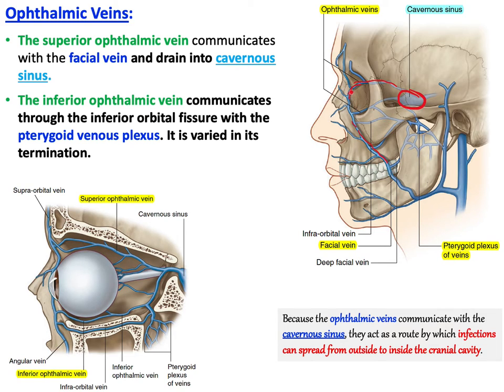That means they are a source of carrying infection from the face or an area there to the cavernous sinus and the cranial cavity, right? Now you also have the inferior ophthalmic vein that communicates through the inferior orbital fissure with the pterygoid plexus of veins there, and it drains either directly into the cavernous sinus or sometimes into the superior ophthalmic, then the superior ophthalmic into the cavernous sinus, and this is really important.